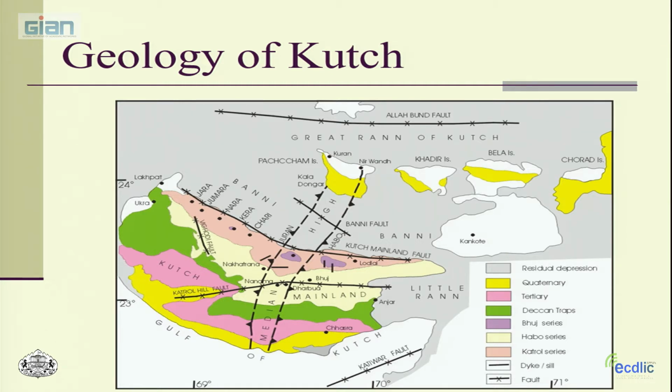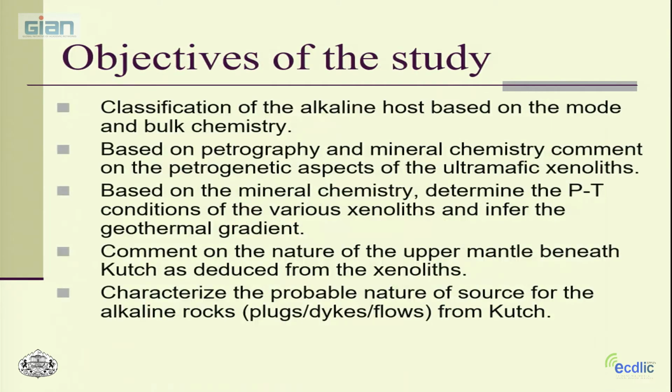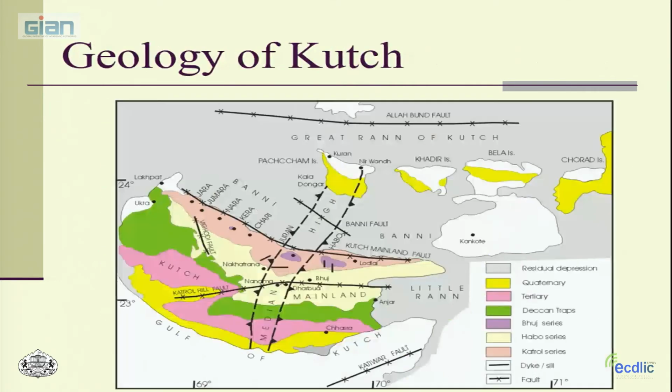And these are the various rock types. There is a classification given: the Chari series, the Patcham series, the Bhuj series, and Deccan traps, and then you have Tertiary sediments as well as Quaternary.